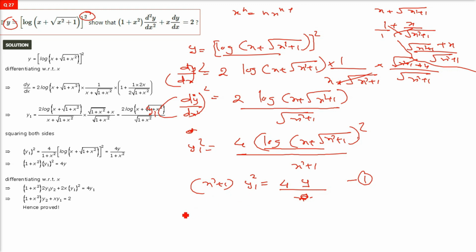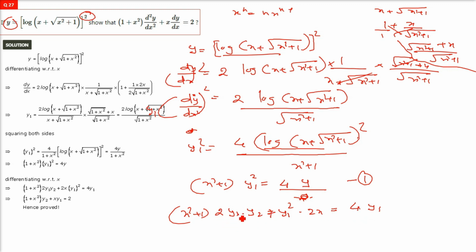This equation what we got, we have to differentiate it now. So I am differentiating both the sides: x square plus 1 times y1 whole square gives 2y1 times y2, that is d2y by dx2, so I am writing it as y2, and then plus y1 whole square remaining like that, times the differentiation of x square plus 1, which is 2x only. On the right we have 4y1, because 4 is constant and differentiation of y is y1.